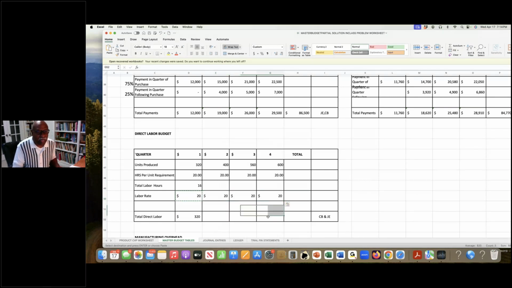So when we multiply these out, 20 times 400, that'll be 20 hours times 20, getting us back to 400.